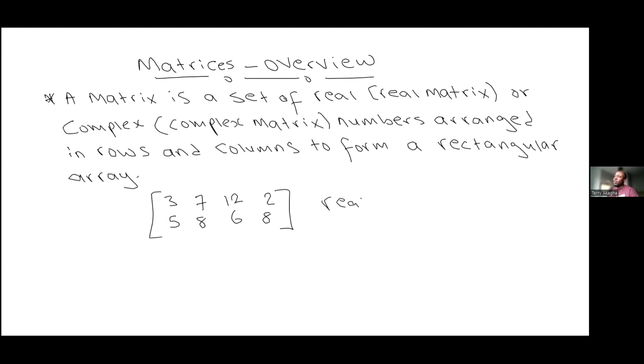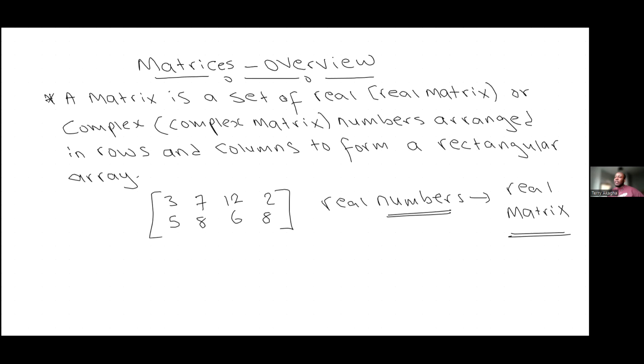So in this video, I'm going to focus on the real matrix. In the subsequent video, I will talk about complex numbers and how you can put that into complex matrices. But I'm going to focus on real matrices in this video, okay?